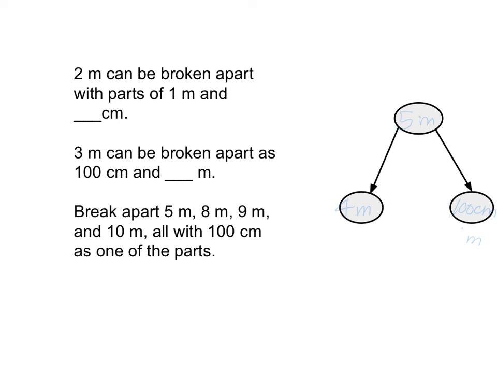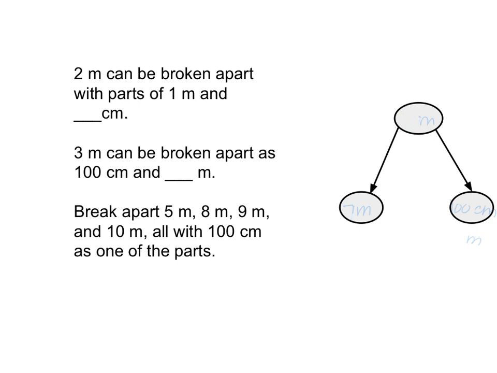All right, we're going to keep going with this. Let's go with 8 meters. If we take 8 meters, we break one of those meters apart, turn it into 100 centimeters, and we're left with 7 meters. As we do this, all of this is going to become clear. There's a really good reason for doing this the way that we're doing it right now.